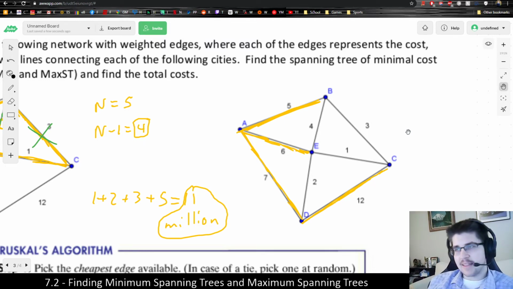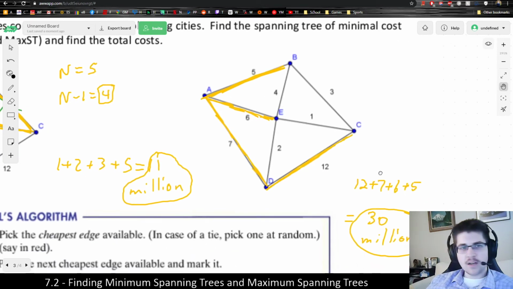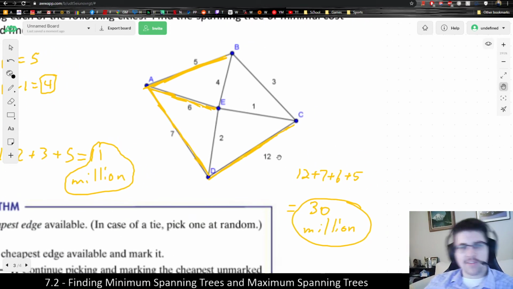I don't have to skip anything as I did in the example to the left. My maximum spanning tree here would just consist of 12 plus 7 plus 6 plus 5 for its total net weight, which is 30, I believe, doing that in my head. And so basically we could make $30 million if that was a separate problem.